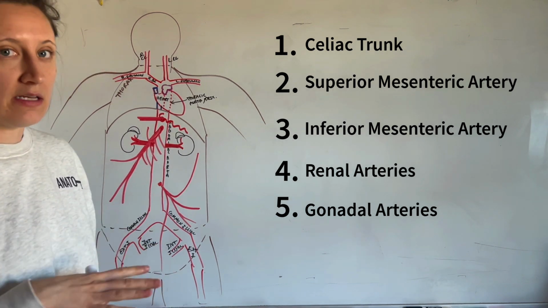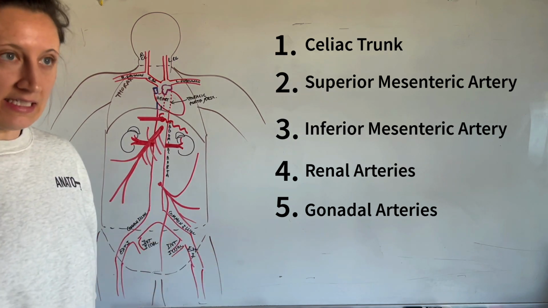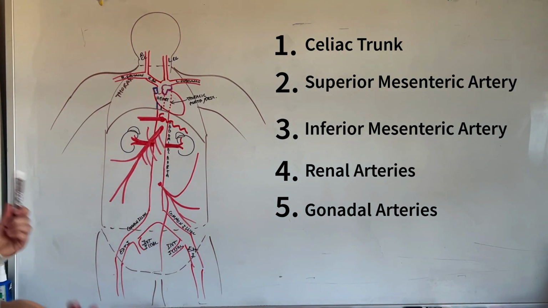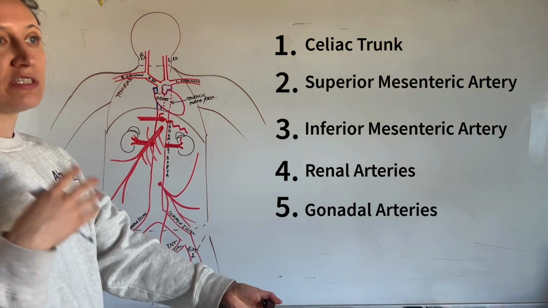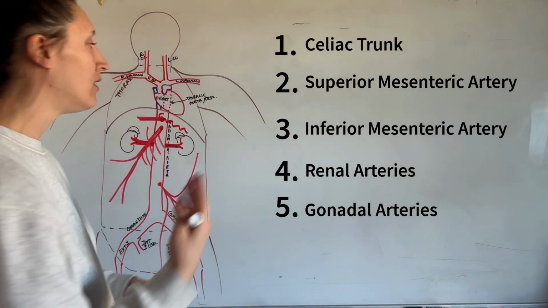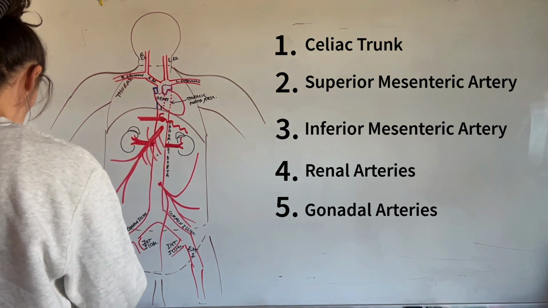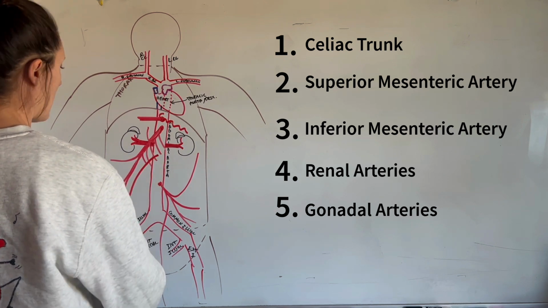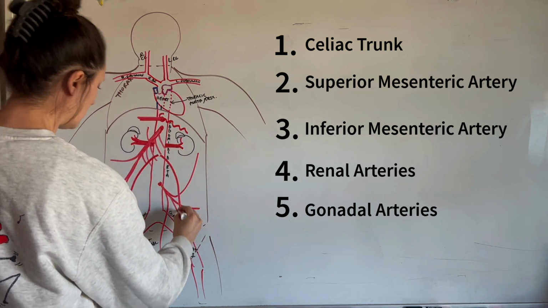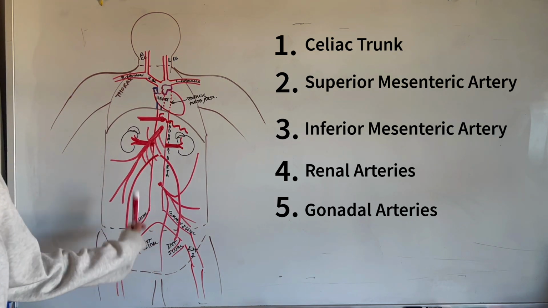Now that's going to depend on the sex of the individual, whether they have ovaries or testes. Those arteries will go to different places, but they're called gonadal because both ovaries and testes are gonads. So gonadal arteries, regardless of the sex, are going to go from the abdominal aorta down towards the pelvis on both sides. Now, I'm not going to draw to where they go because it's going to depend.